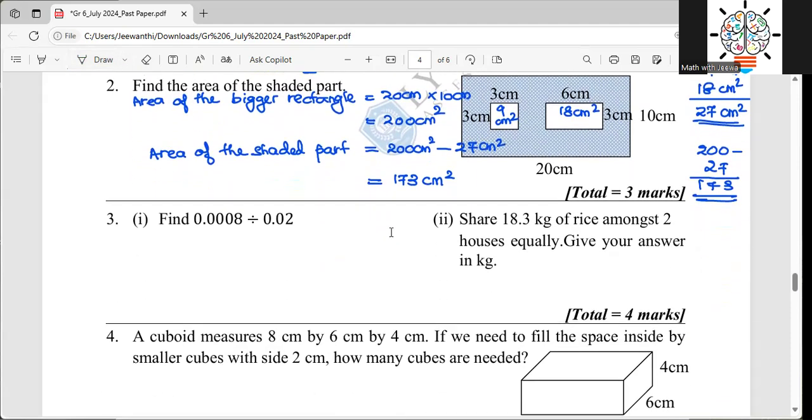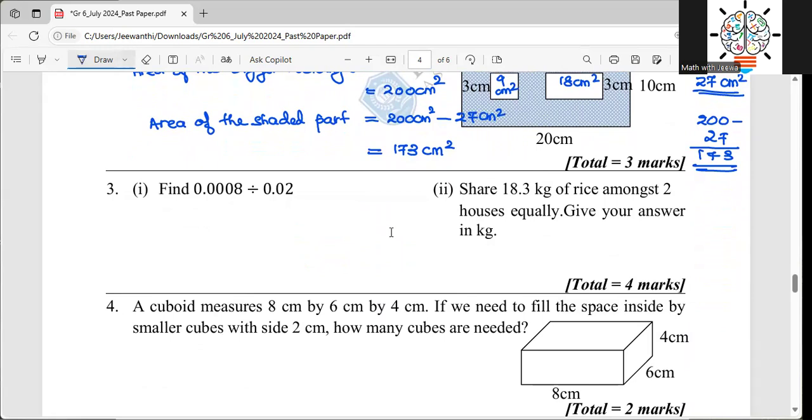So then the next one, we have 0.0008 divided by 0.202. When you have a decimal number in the denominator, the very first thing you should do is eliminate the decimal. How do I do that? Here I have 2 decimal places.